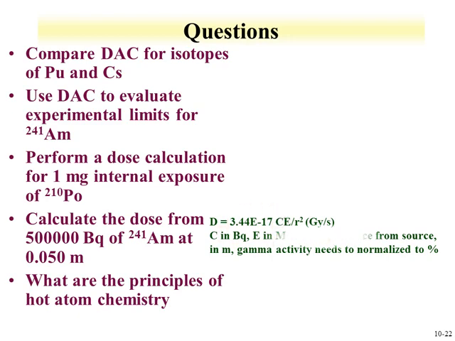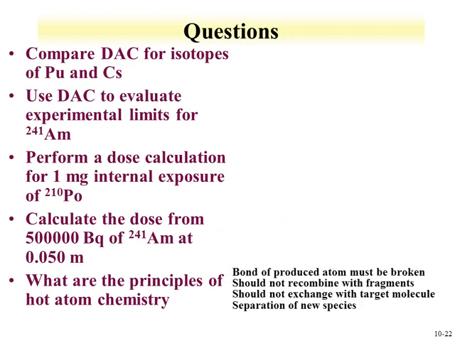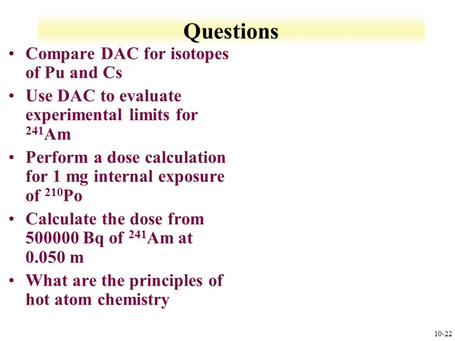And finally, when we discussed hot atom chemistry, what are some of the principles of hot atom chemistry? One uses a nuclear reaction for bond breaking to try to do separations for carrier-free isotopes. Well, one, when the nuclear reaction occurs on the molecule, the atom that absorbed the nuclear component has a reaction product, for instance (n,gamma), and that new isotope that's produced should have its bond broken with the molecule that it was bound with.